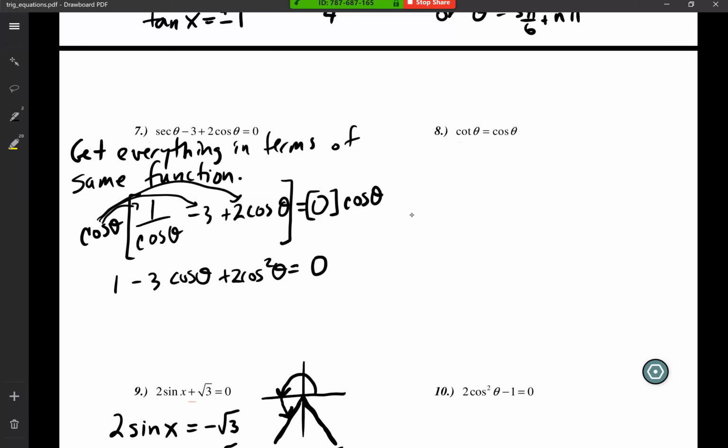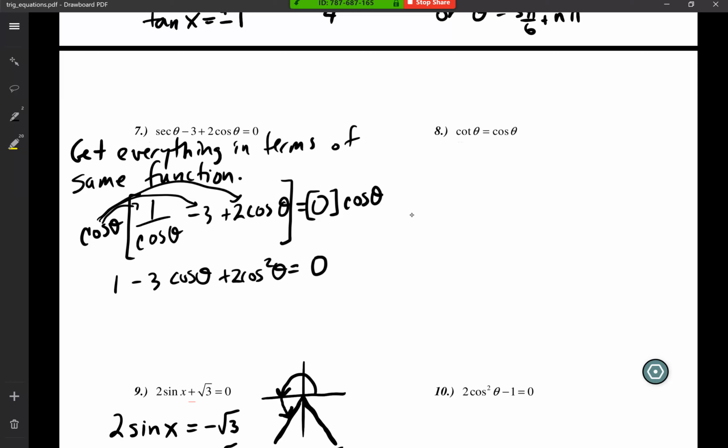And notice what we've done by rewriting and multiplying by cosine theta is that we've converted that original equation into a quadratic, which looks a lot like the type of problem that we solved in the previous example that we did with sine.